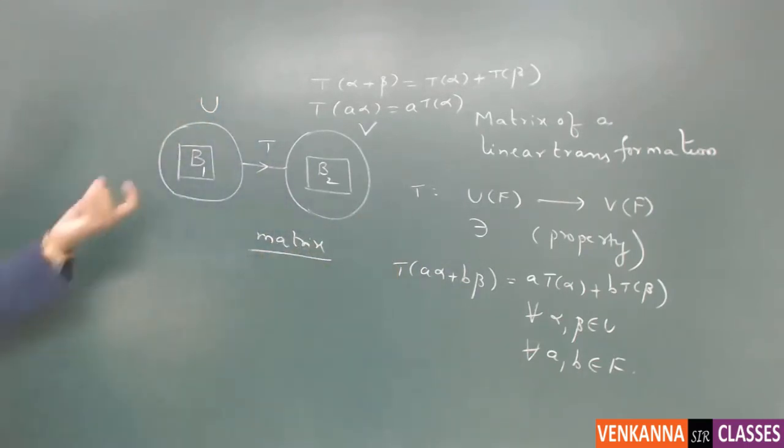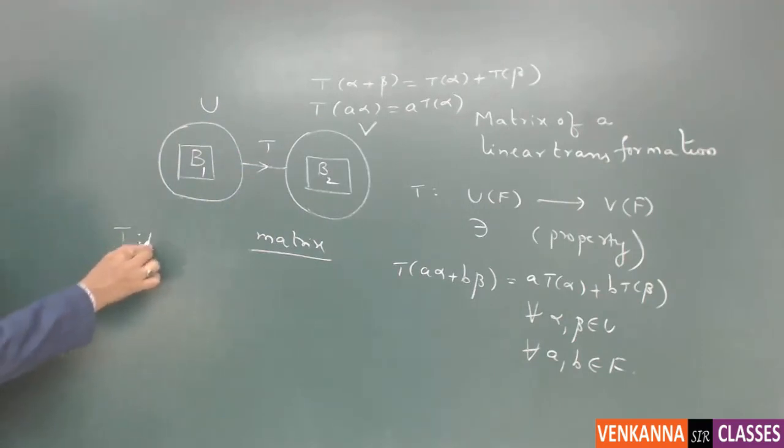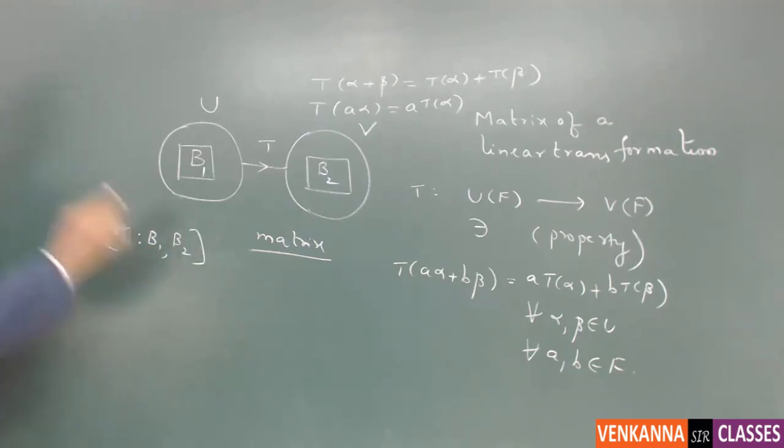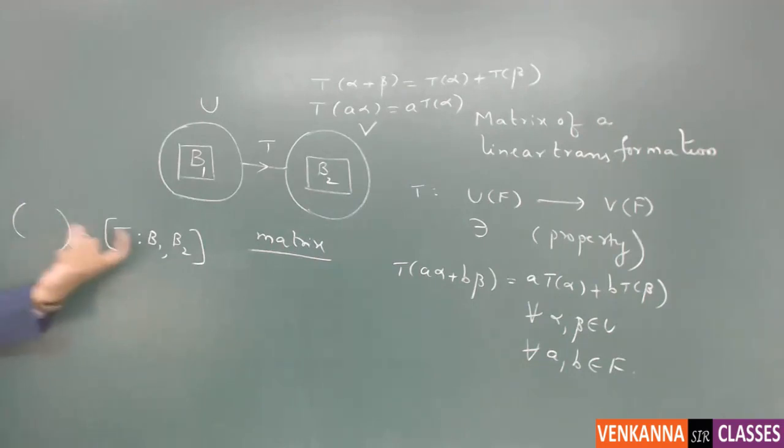So, we symbolically denote it as T at B1, B2 is equal to some matrix. That matrix we take. Is it clear?